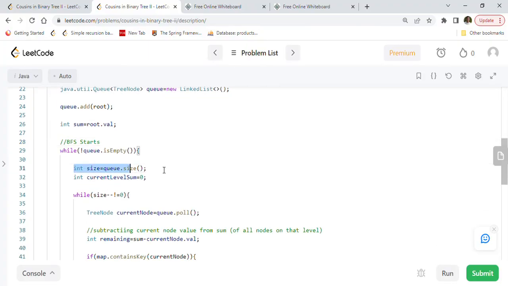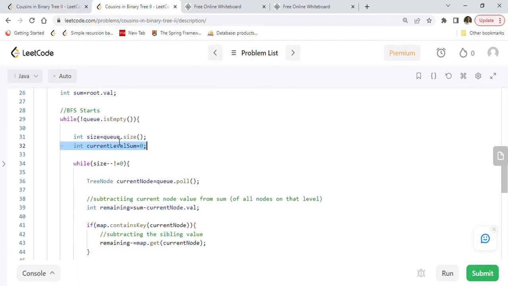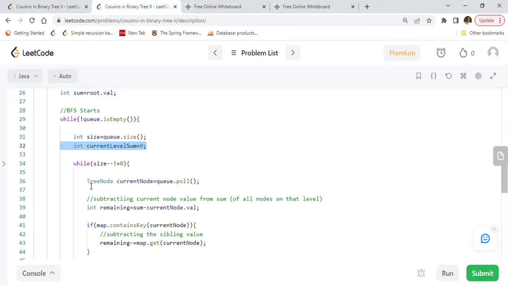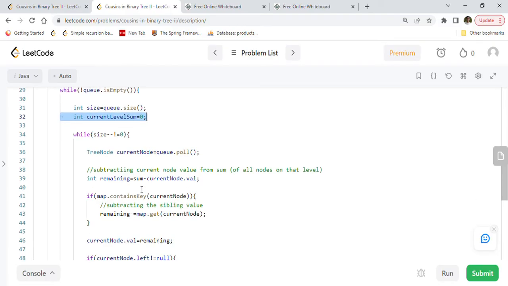You will check the current size of the queue and set the current level sum as 0. What this BFS or level order traversal does is it goes level by level, just as I explained here, correct? So while size is not equal to 0, you will keep processing all the nodes for that level.